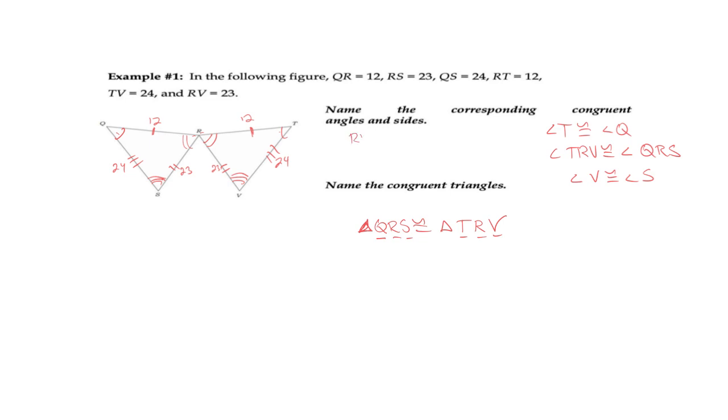And then we can also write their sides, right? RT is congruent to RQ, or TR is congruent to QR, it doesn't really matter. Then RV is congruent to RS. And lastly, TV is congruent to QS.